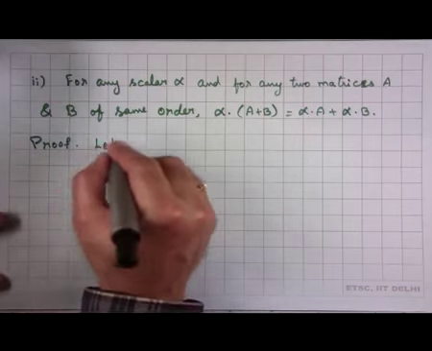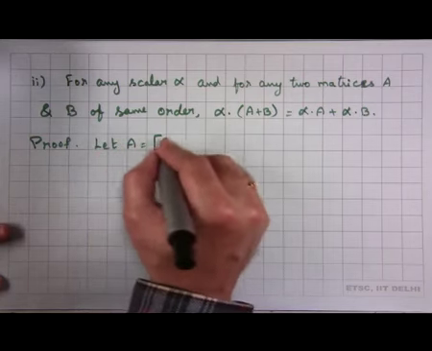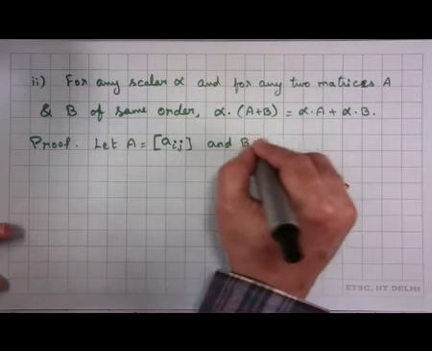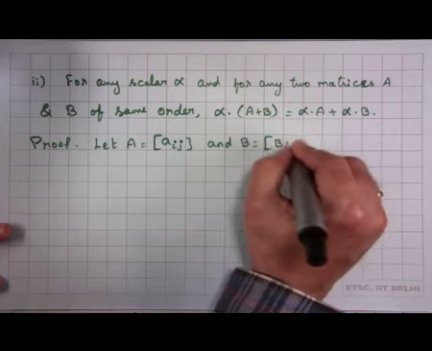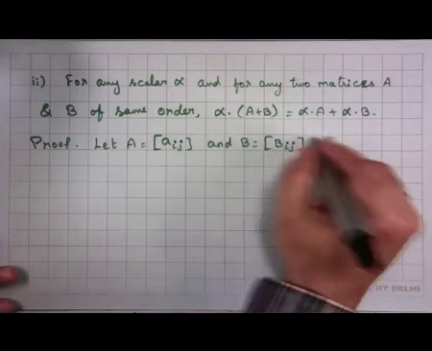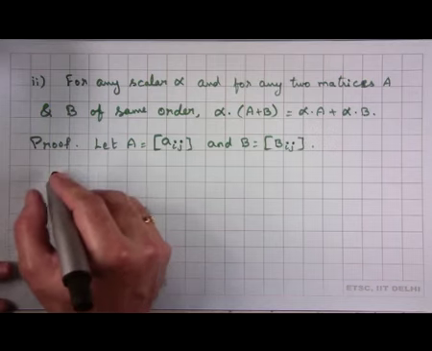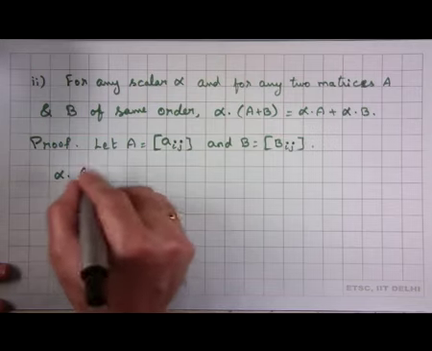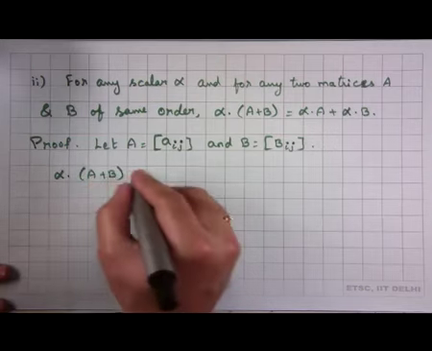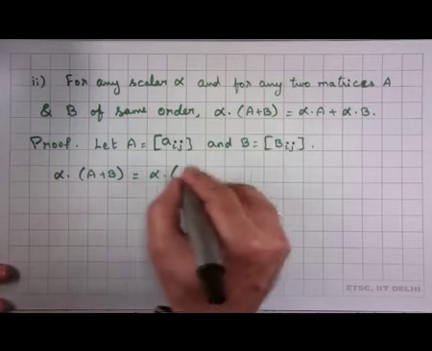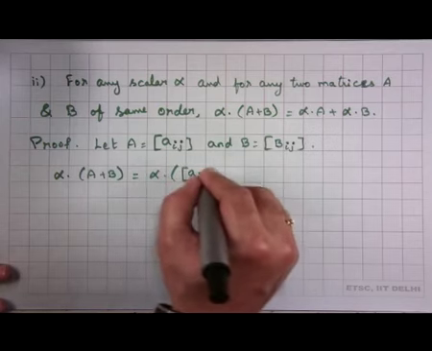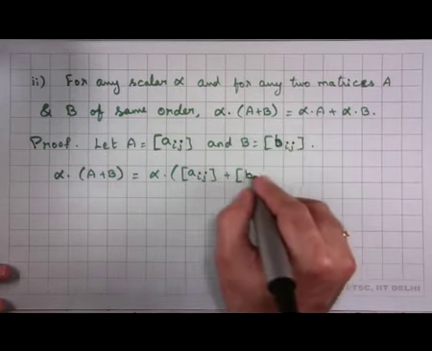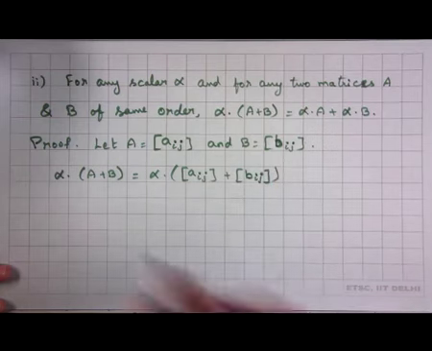Let me write A as Aij and B as Bij, where the matrices A and B are of the same order. So alpha dot (A plus B), let me write down in terms of entries, using small letters so that things will be much clearer.